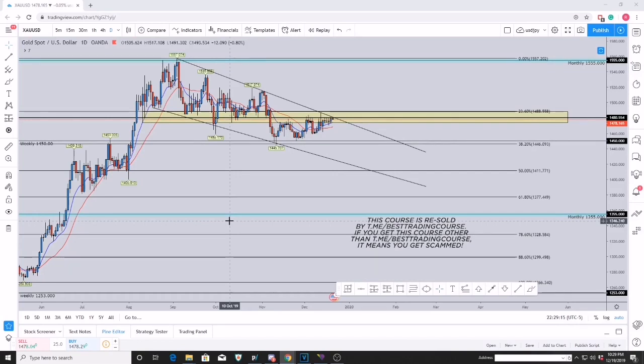Now, the biggest reason to study price is to look at the patterns and what price does at certain levels, and really overall study the market patterns themselves and read how price moves. Price is going to move very differently for each and every pair. No pair will move exactly the same, right?